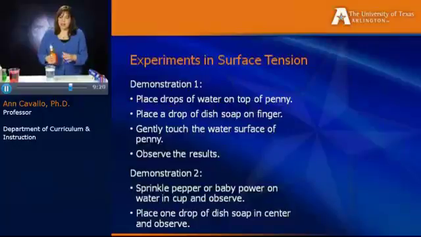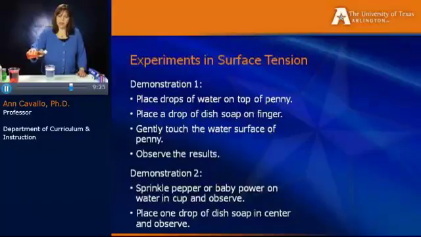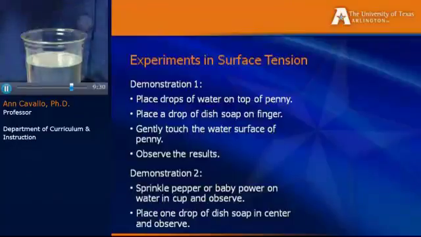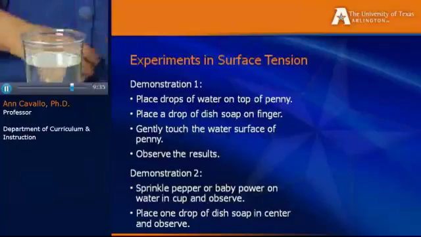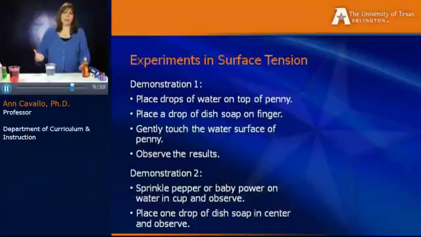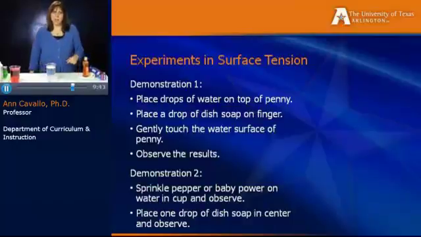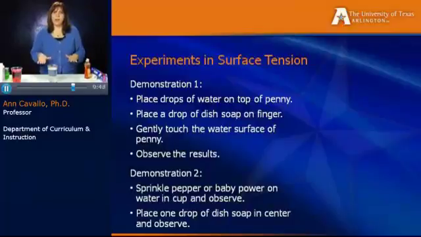Now you take the soap and you put a drop right in the middle of the surface of the water and observe what happens. What students observe is that the surface tension was broken and the pepper immediately drops down to the bottom of the glass. It spreads it out and drops it down. So it sinks in the cup. So again, the soap gets in between the water molecules, the hydrogen bonds that I just explained, and separates the water from each other. So now there's room for the pepper to fall through.